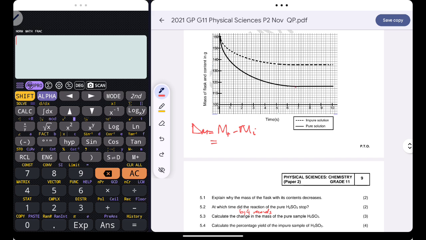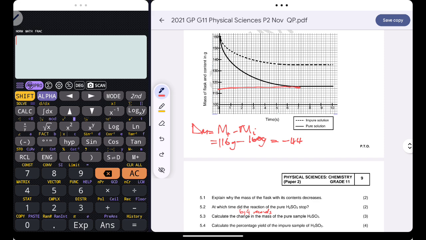The final mass, guys, is there, and that is 116 grams minus 160 grams. So the change, 116 minus 160, is negative 44. This simply means that the mass of pure sulfurous acid has decreased by 44 grams.